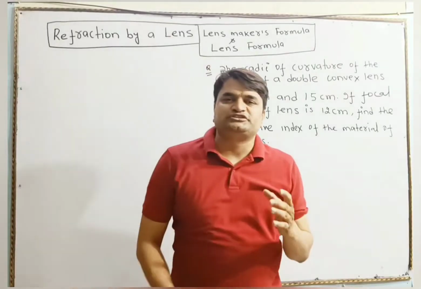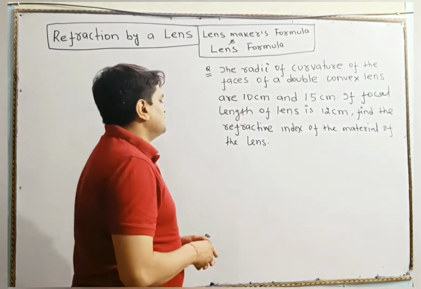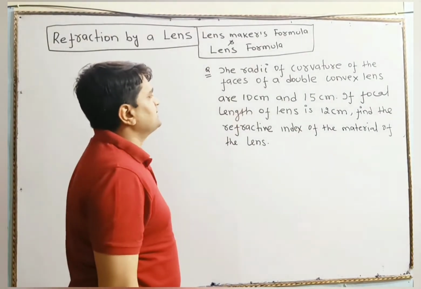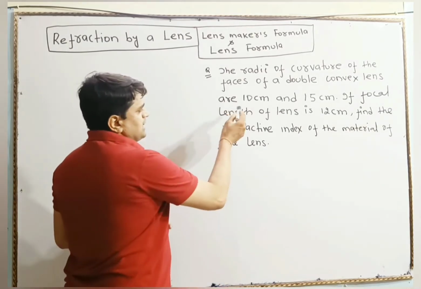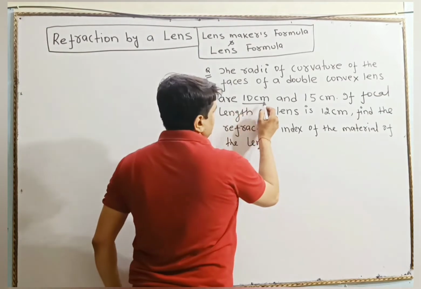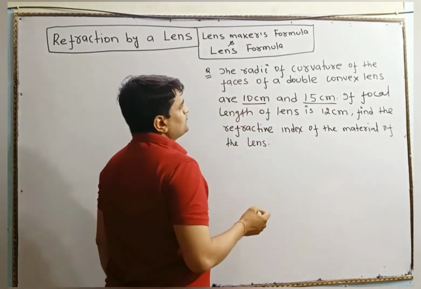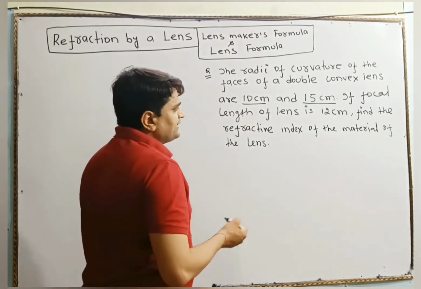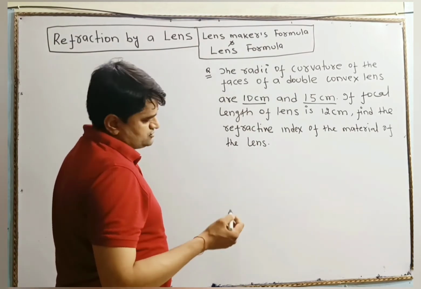Another question on lens formula and Lensmaker formula. Here is the question: the radii of curvature of the faces of a double convex lens are 10 centimeter and 15 centimeter. If the focal length of the lens is 12 centimeter, find the refractive index of the material used.